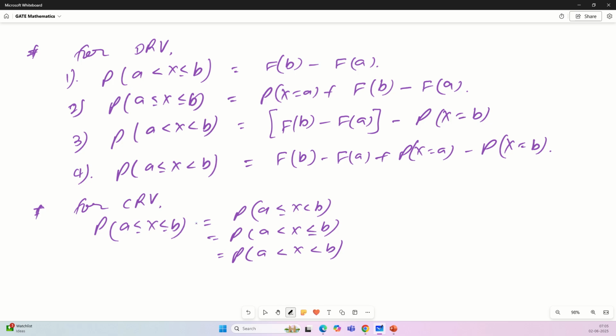So all are equal, and it can also be found out very easily. Integral from a to b of f of x dx, and this is going to be all equal to f of b minus f of a. So there is not much of a problem whether it is equal to or not equal to, it doesn't matter. Whether a is included or not included doesn't matter, because it is continuous. All right.